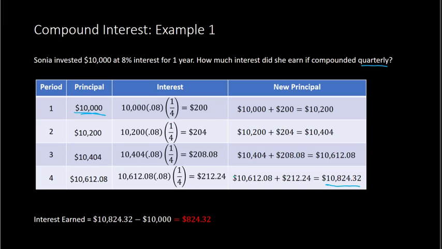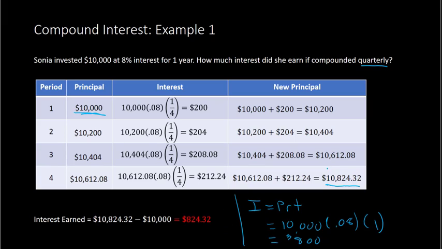If I did simple interest, I would simply do I equals PRT: 10,000 times the rate, 0.08, times the time, which is 1 year. So 10,000 times 0.08 would be $800. With simple interest, you would earn $800. With compound interest, Sonia earned $824.